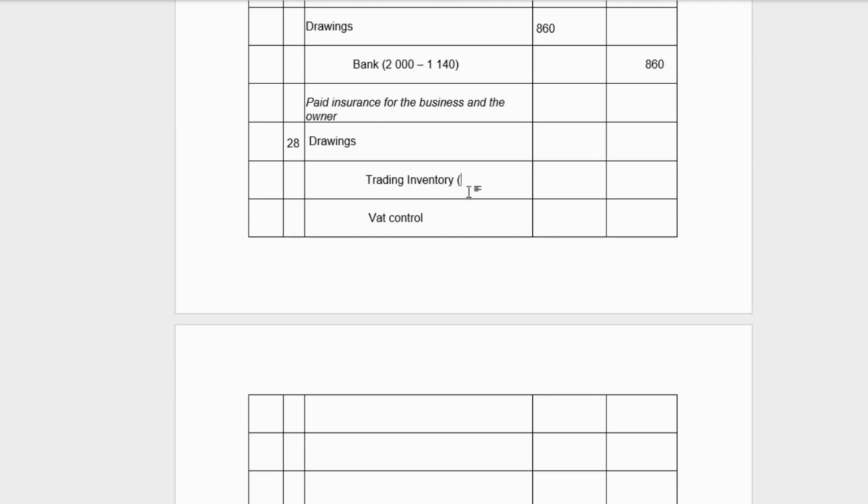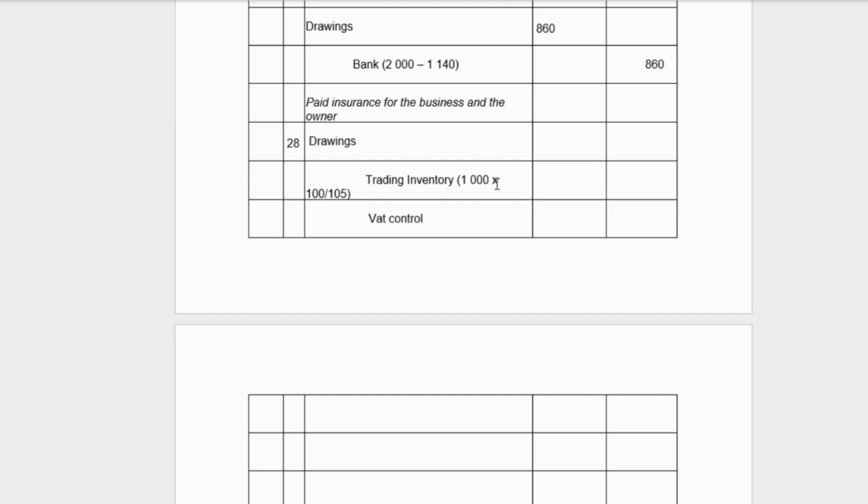We have to say the total amount of goods of 1000 multiplied by 100 divided by, remember we need to convert this to cost of sales, so it's going to be 100 divided by 105, because our markup is on cost, not VAT.